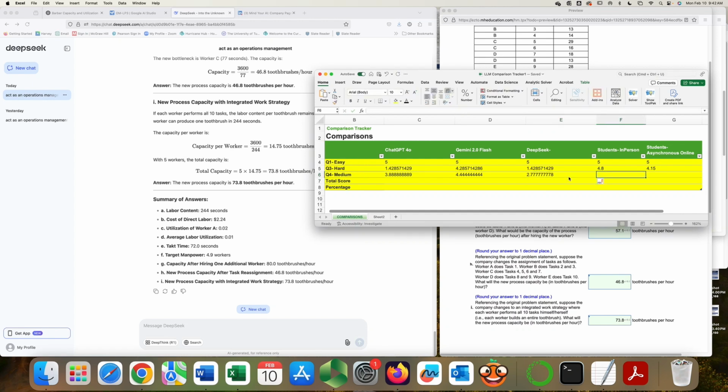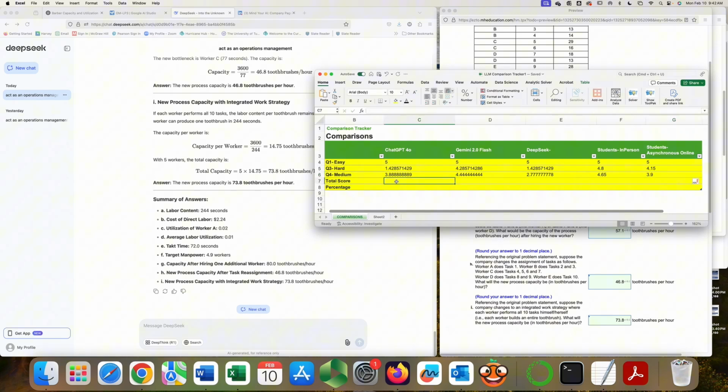And for the student averages, for the in-person, it is around 93% times 5. And for the asynchronous, it was around 78% times 5.